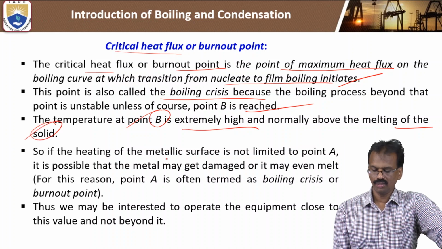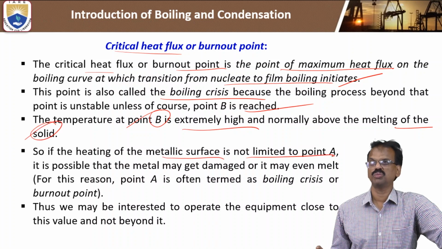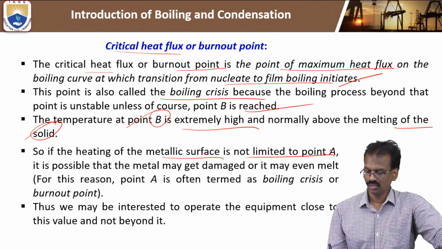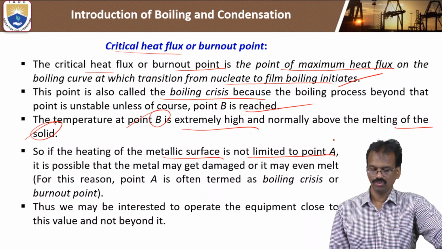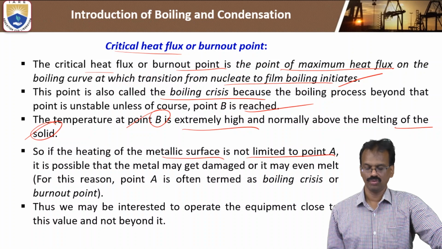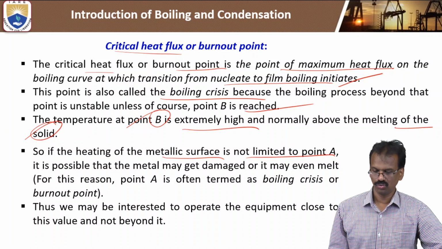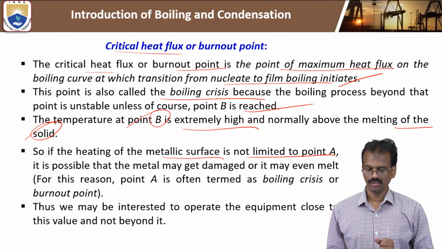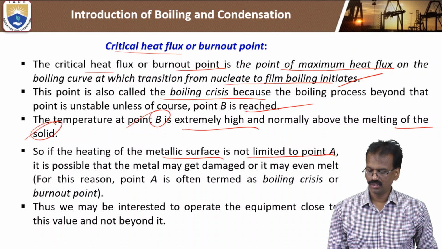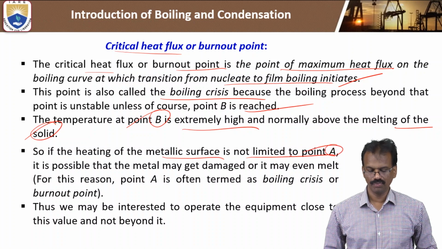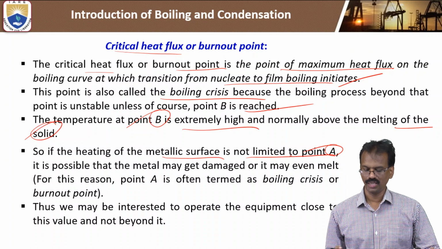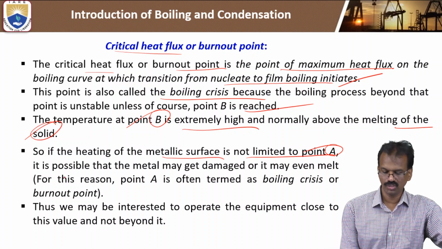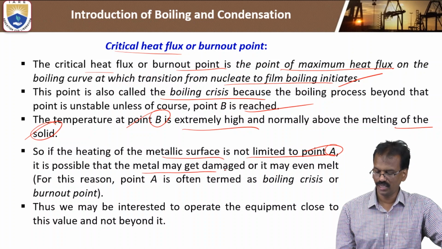If the heating of the metallic surface is not limited to the critical heat flux point, you have to identify and choose the metal to boil the water. If the metallic surface temperature exceeds the limit, some damage will occur. It is possible that the metal may get damaged.